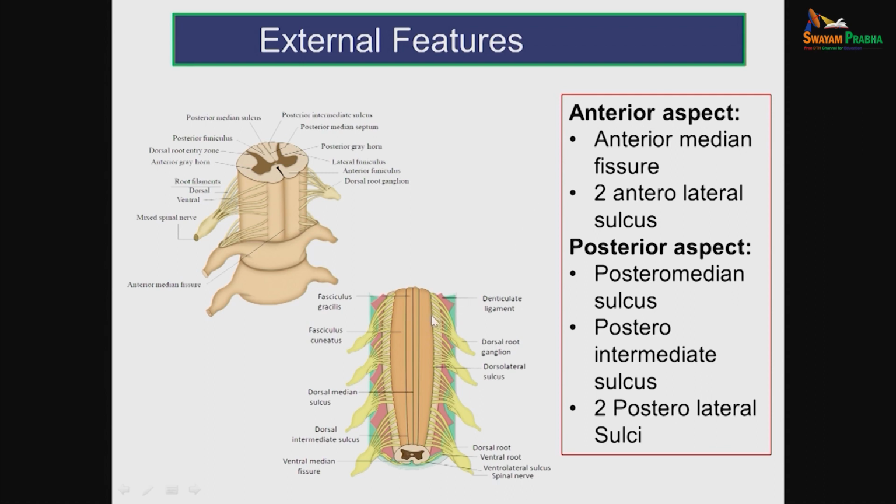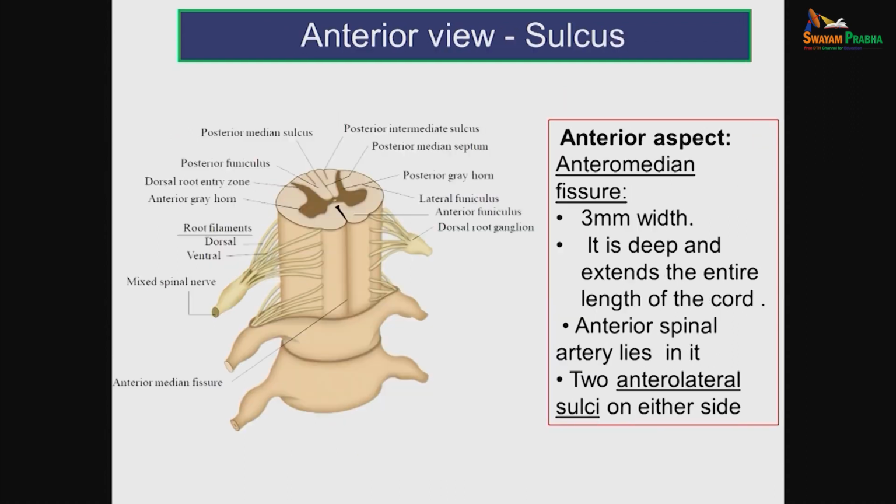On the posterior aspect, you see a posterior median sulcus, two posterior intermediate sulci and two posterolateral sulci. So, in the anterior and posterior views of the cord, you have various fissures and sulci. We will be discussing the details of these fissures and sulci.